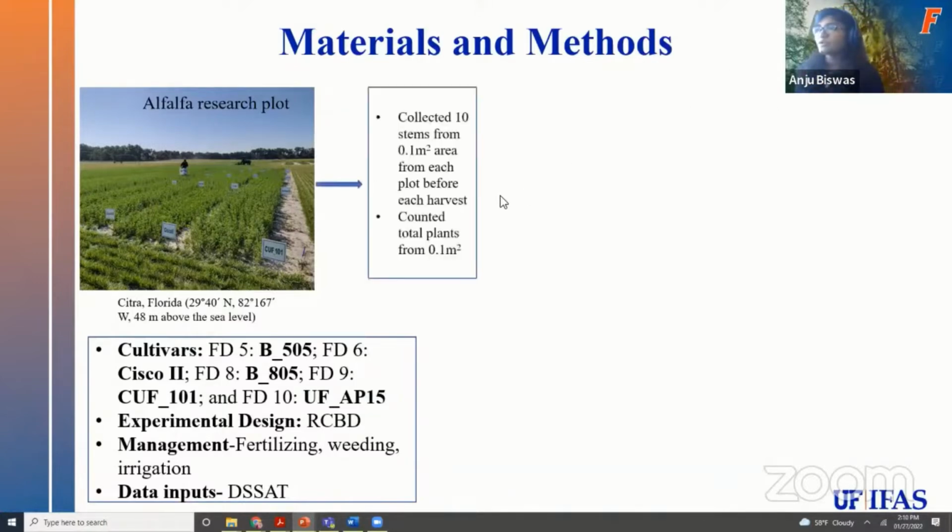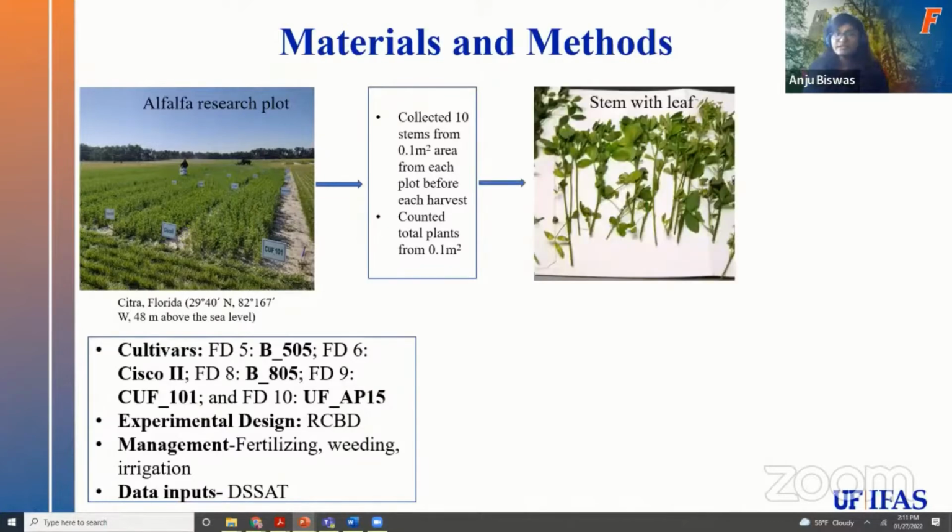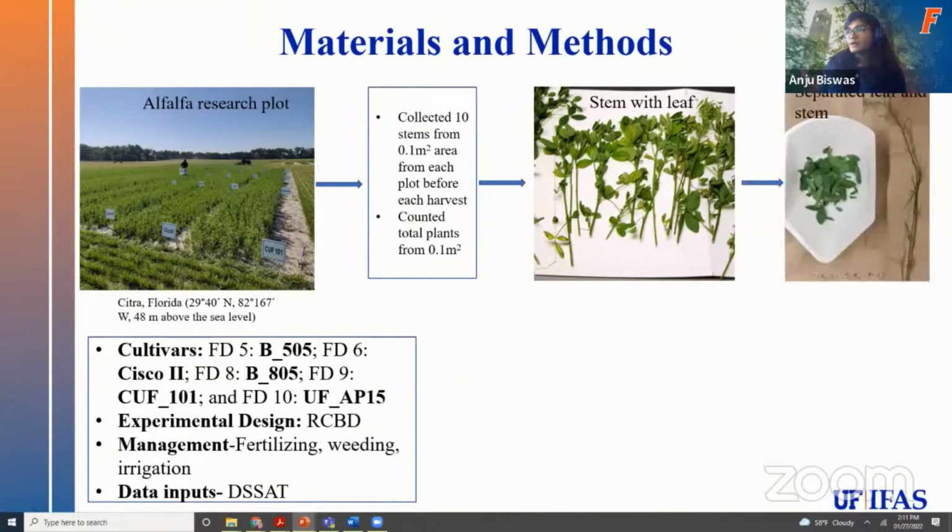So for the crop growth model, what we did was collect data from a 0.1 square meter area from each plot before each harvest. We collected 10 stems from that particular area and counted total plants from that area. Then we separated leaves and stems.